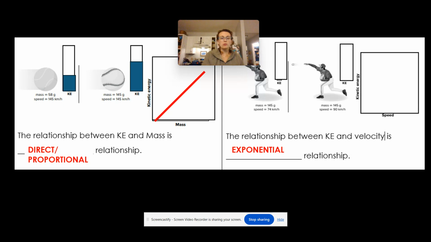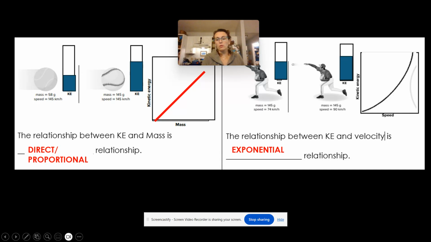So when we use our little bar graphs, we can see that the one that has less velocity is going to have less kinetic energy. And when we actually graph this on a line graph, this is what we get. So you can see that our velocity is going to build, and our kinetic energy is going to skyrocket as we get faster.